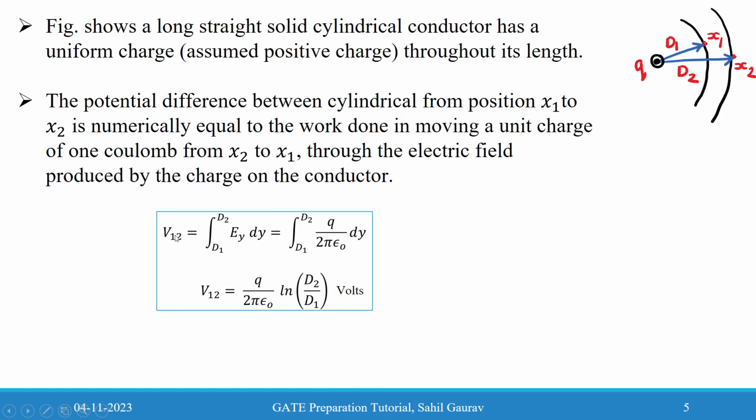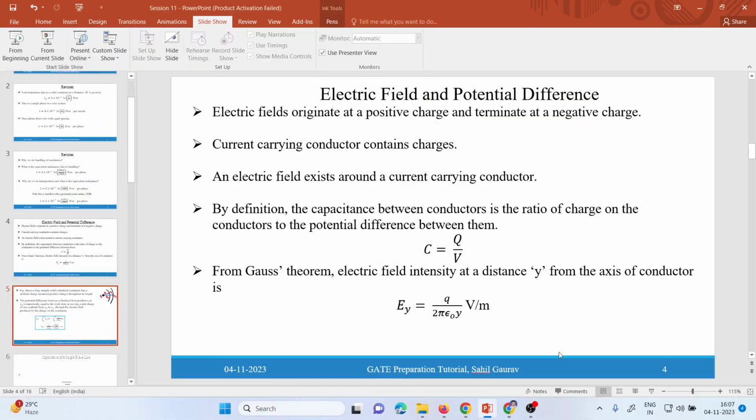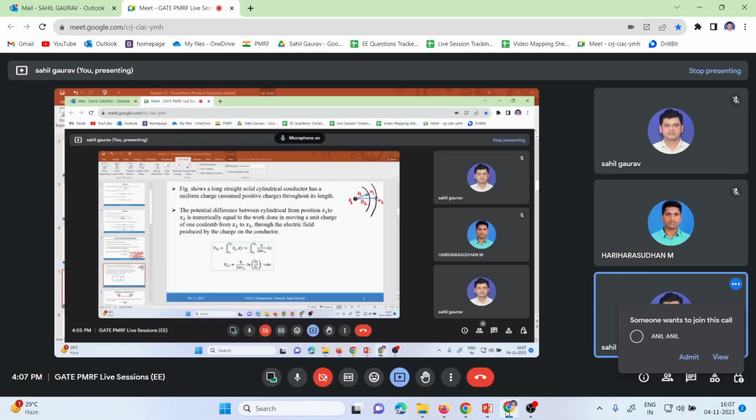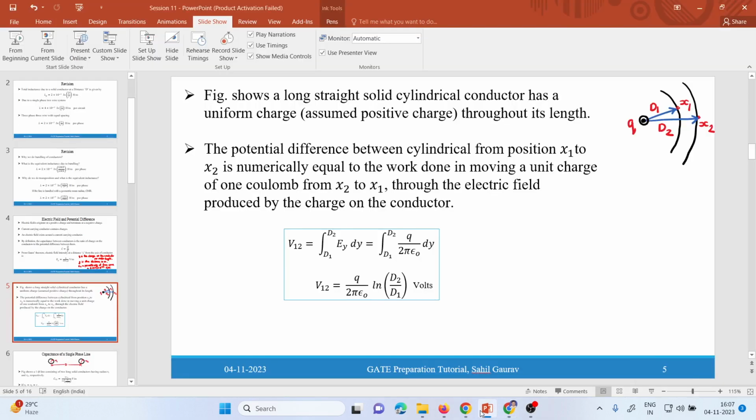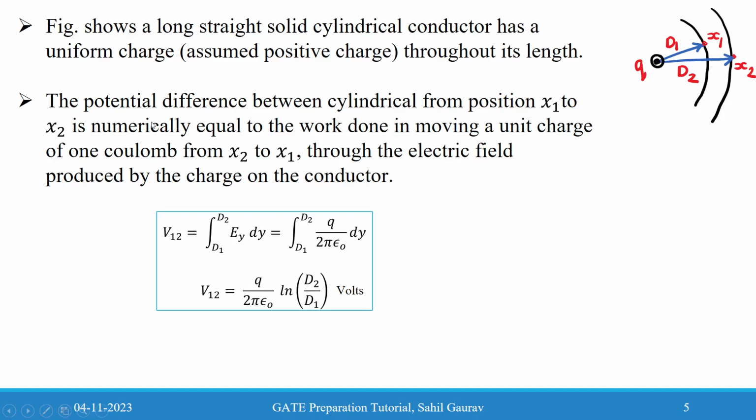Now let us see the voltage difference between point x1 and x2, if we have a solid cylindrical conductor which has uniform charge throughout its length. We can see how to find the potential difference.